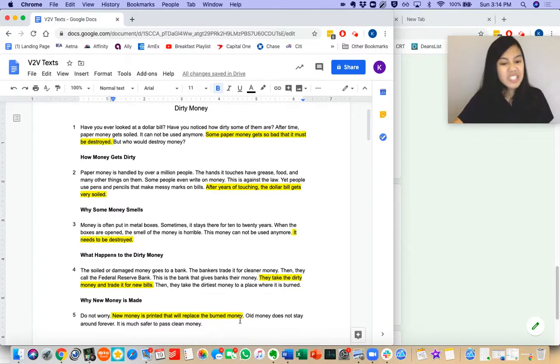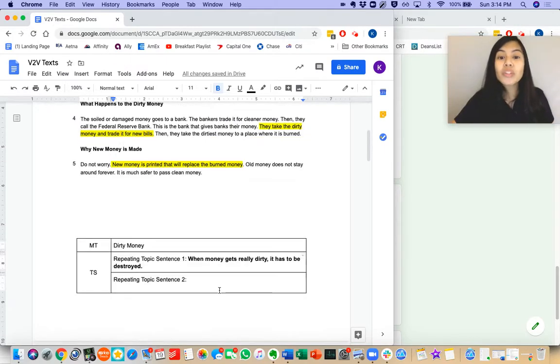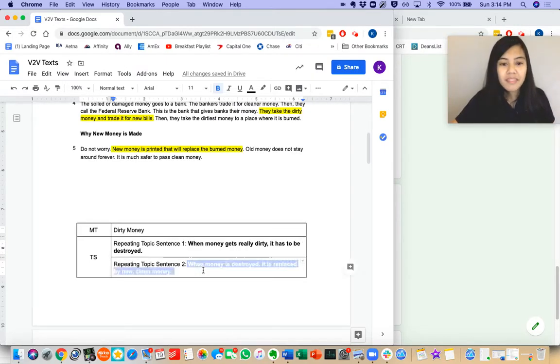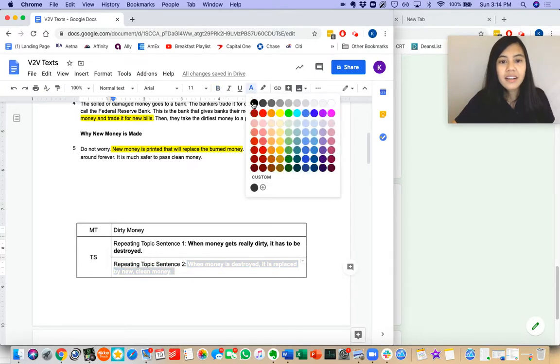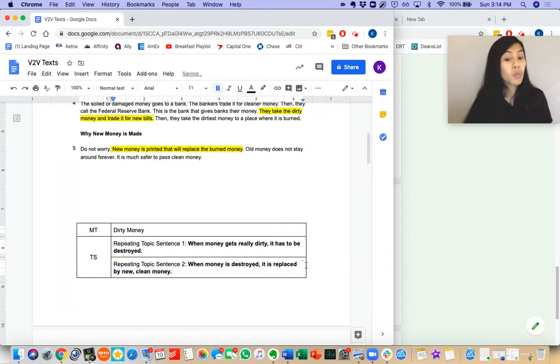So it seems like these 2 paragraphs mostly talked about how new money is printed to replace the old dirty money. So when money is destroyed because it is dirty, it is replaced by new clean money. Go ahead and pause your video and write those sentences now.